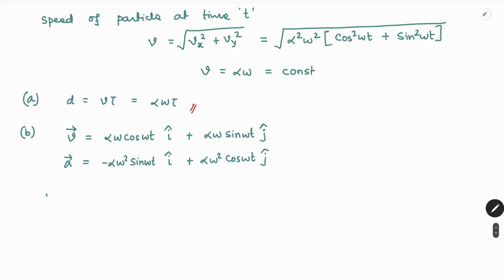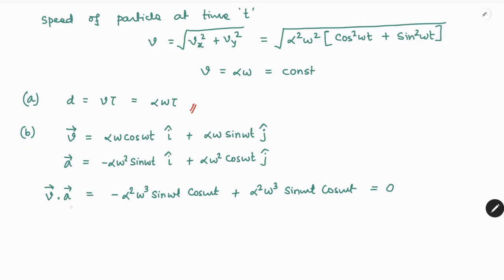So if we calculate the dot product to calculate the angle between v vector and a vector, v dot a is turning out to be minus alpha square omega cube sine omega t cos omega t, and then we have plus alpha square omega cube sine omega t cos omega t, and we can say that the dot product value is turning out to be 0.